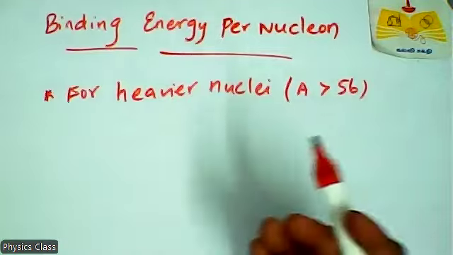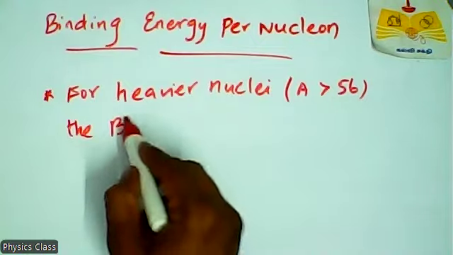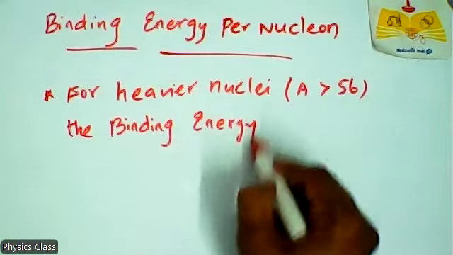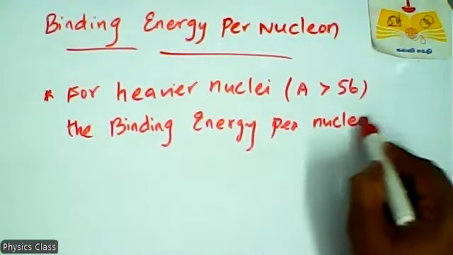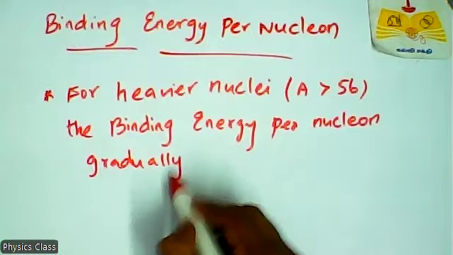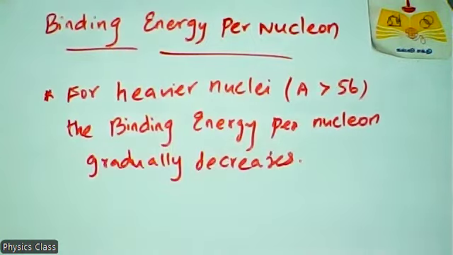So as A increases, binding energy decreases. So the binding energy per nucleon gradually decreases for the mass number greater than 56.